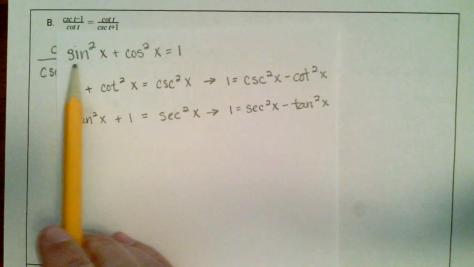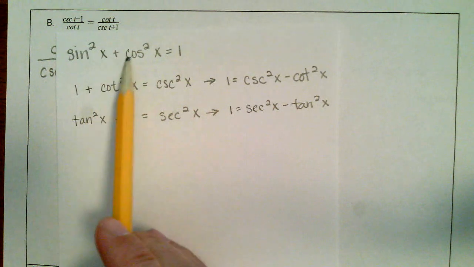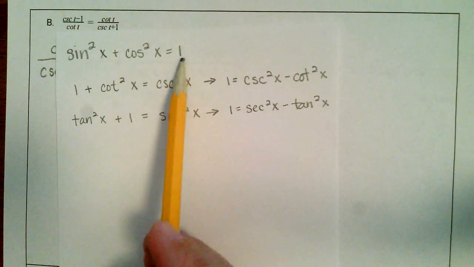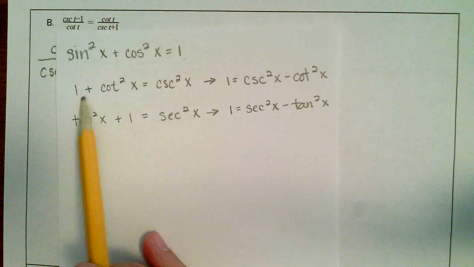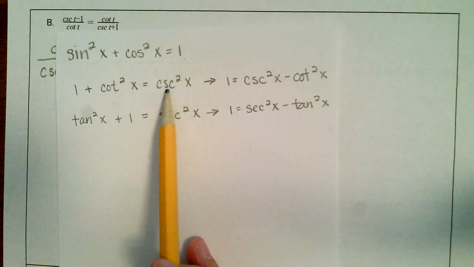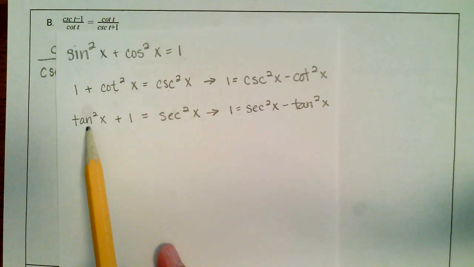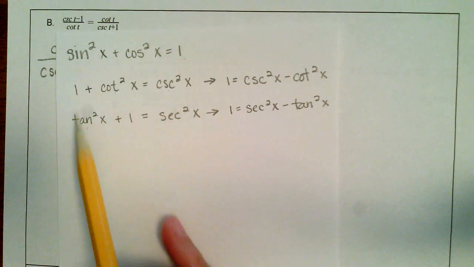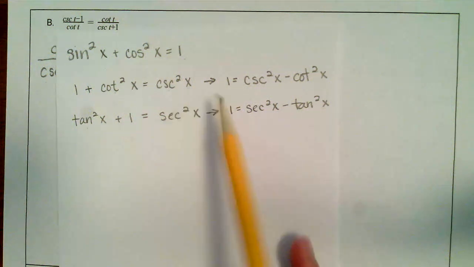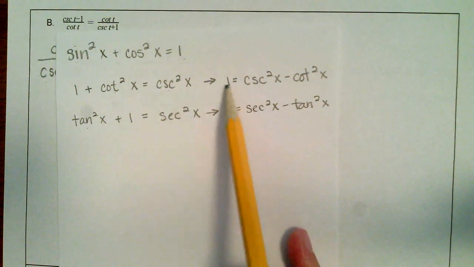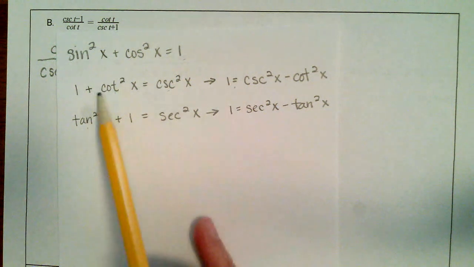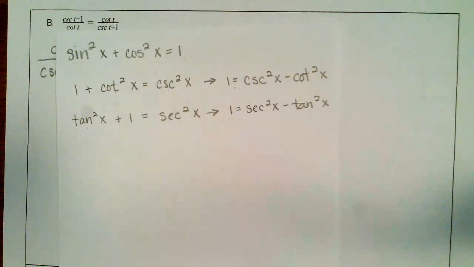I wrote the one I always remember, sine squared x plus cosine squared x equals 1. I figured out my one that related cotangent and cosecant by dividing both sides by sine squared. I found my one that related tangent and secant by dividing by cosine squared. And then I always am looking for something to be equal to 1. And so I rewrote these like this.